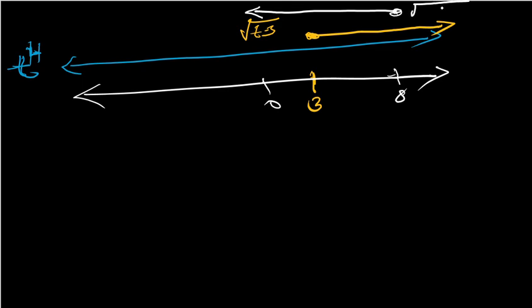As the square root of 8 minus t. Then we look for the intersection of these three domains. The intersection of these three domains is the shaded region here.